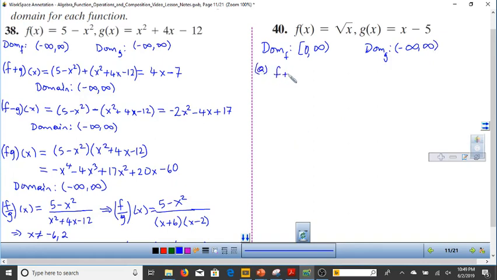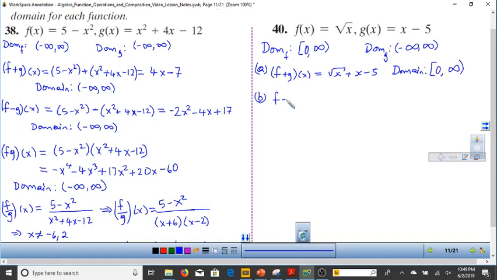Now, this is actually pretty straightforward. If we do f plus g of x, this is just going to be square root of x plus x minus 5. There's nothing else that we can do. And the domain is where those two regions overlap. The domain would simply be the domain of f, since g is all real numbers. Let's go on to the next part.